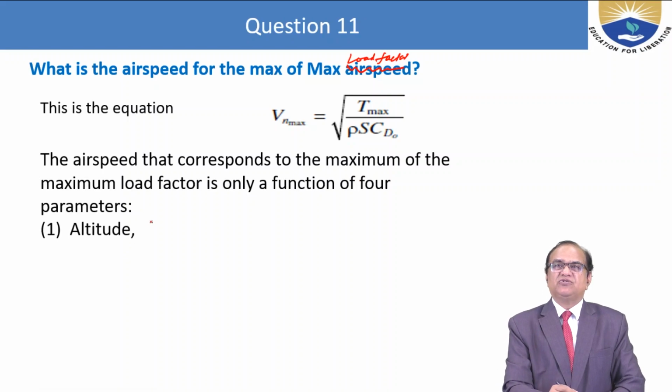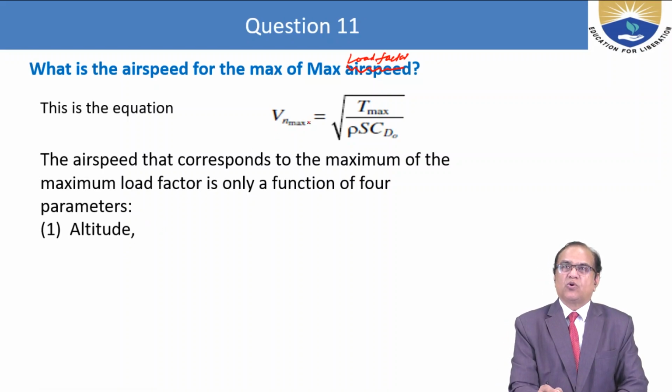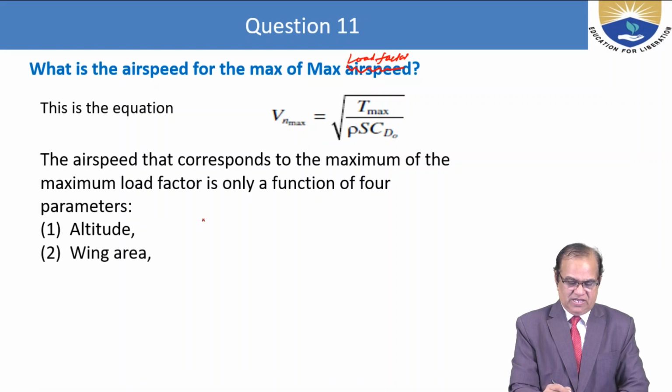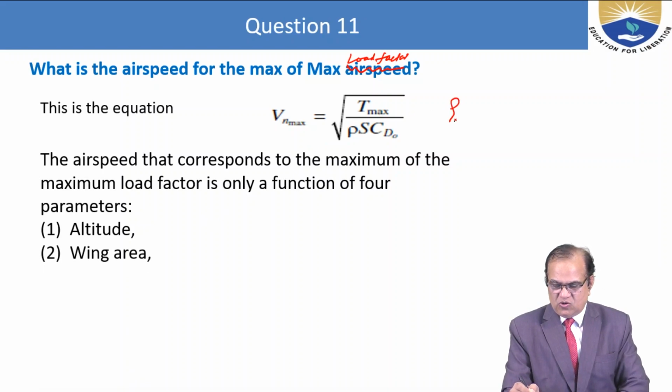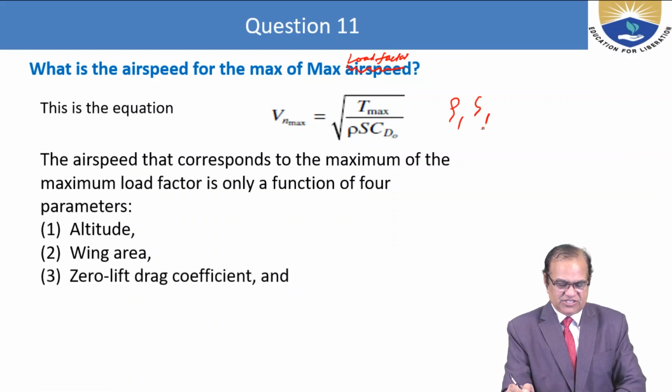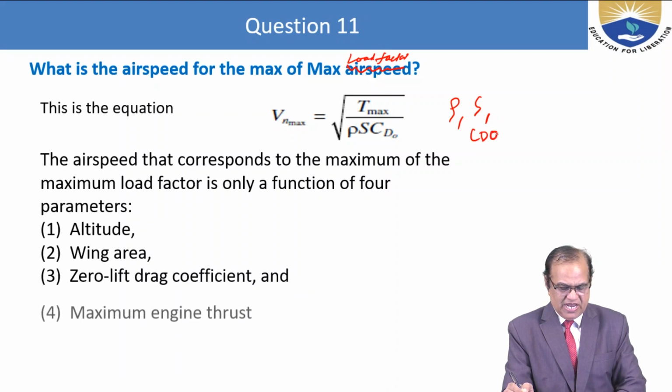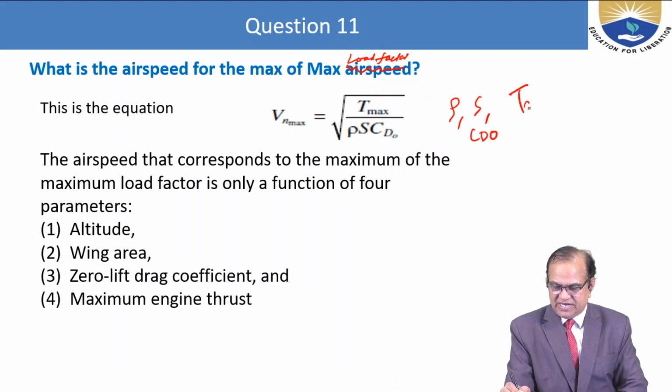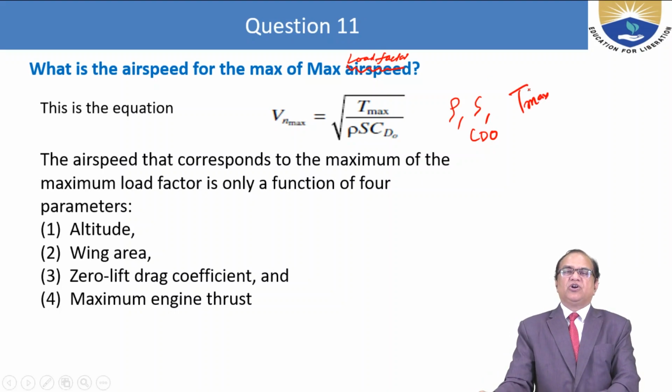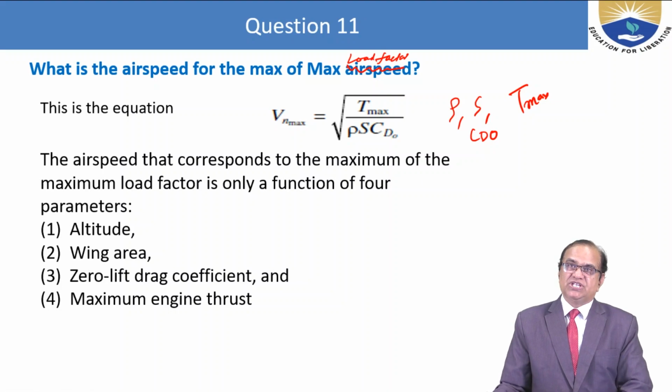These are the altitude, meaning rho, then wing area S, then the zero lift drag coefficient, that is C_D0, and maximum engine thrust, T max. So these 4 parameters are very important to achieve the velocity for maximum load factor.